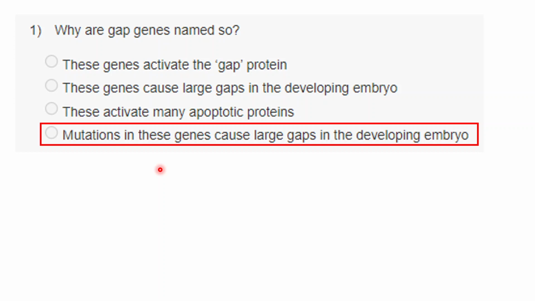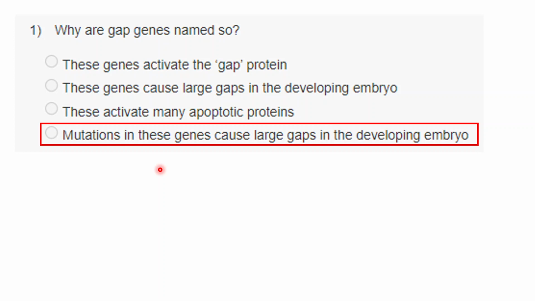The genes were named after the mutant phenotype observed in the flies. Since the scientists observed gap-like mutations, with large sections of the embryo missing, causing huge gaps in the body plan, first the mutant phenotype was observed, then the gene was found. So those genes were named gap genes.